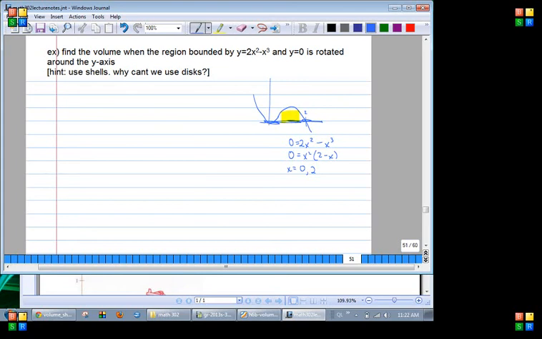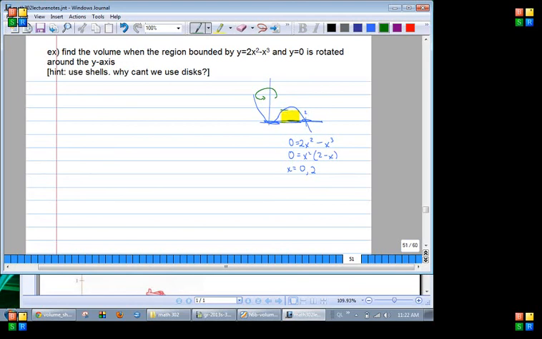So why can't we use this again? Let's take a look. Can we use discs? We have to compare: do we want horizontal slices or vertical slices? If it's rotating around the y-axis, which kind of slices would give us discs?